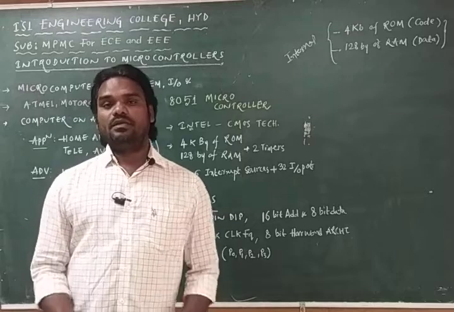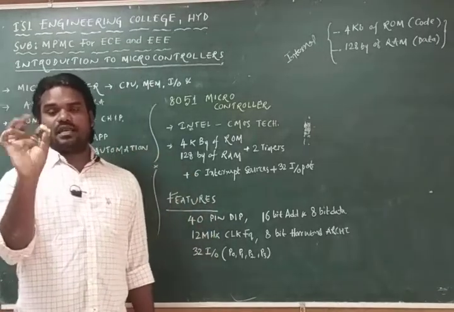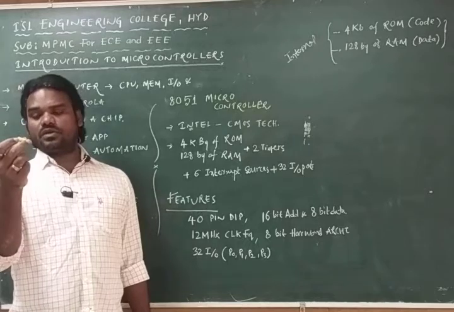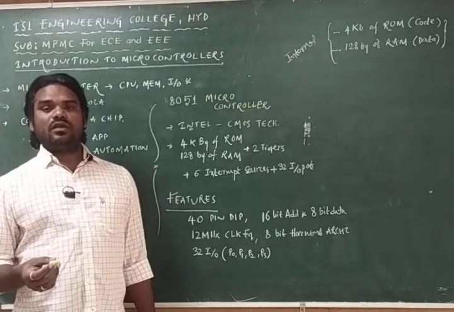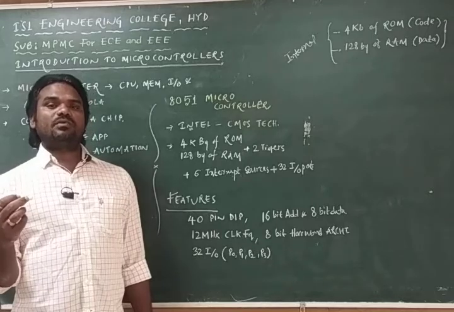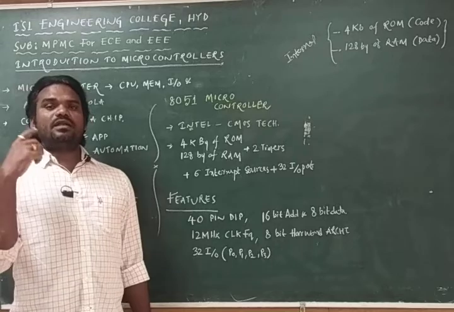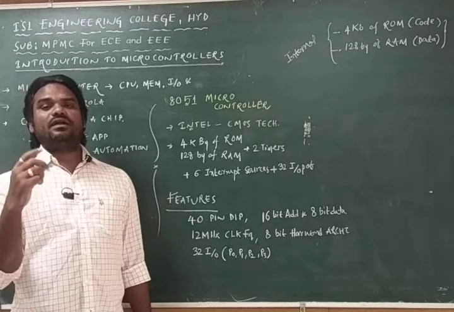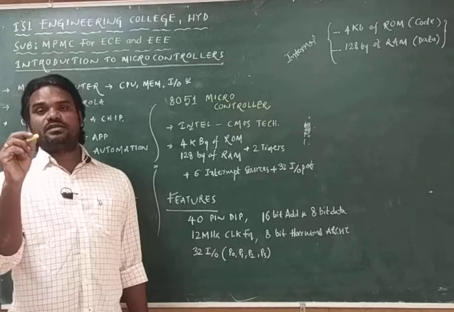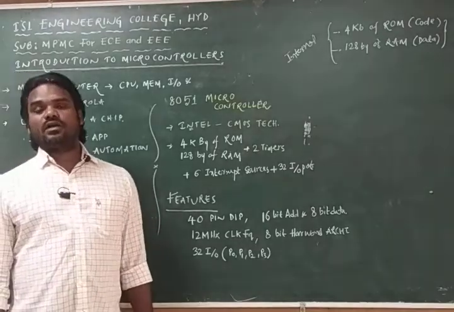For example, if this is an integrated circuit, we can call it a microcontroller when it is interfaced or connected with some input output devices. By making use of this microcontroller, we can control the operation of those input output devices which are connected to this controller. So the name is microcontroller.